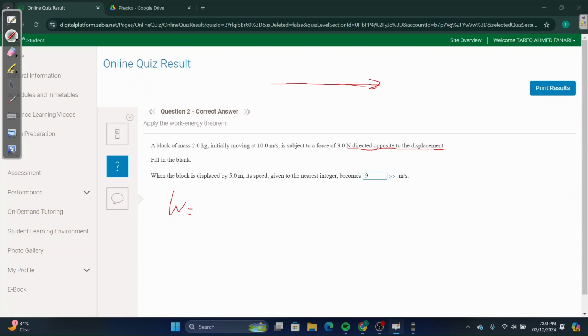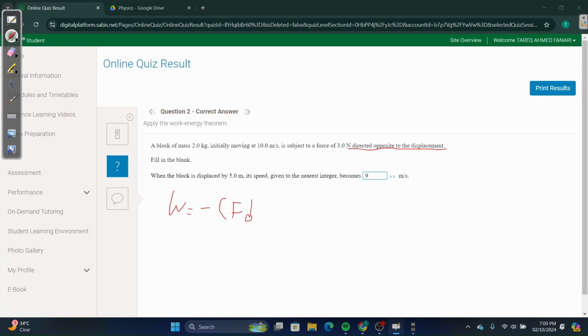But if it's directed opposite, so let's say the force was going this way, it would have a 180 degree measure for its theta. So W equals force times distance times cosine 180. Cosine 180 is negative 1, so just remember it as negative FD.